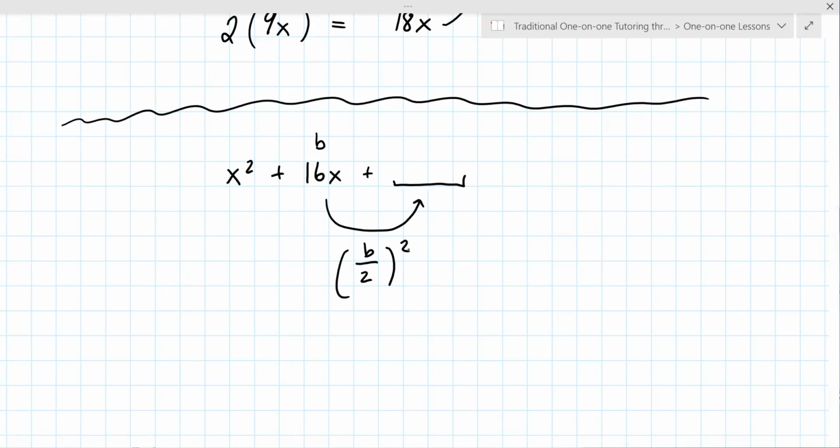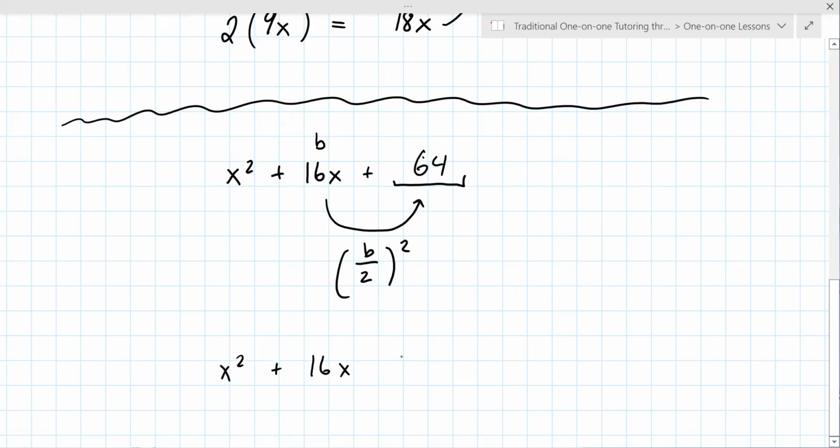Can you tell me that? 8. 16 divided by 2 is 8, but now when you square it, what does it become? 8 times 8 is 64. Very good.